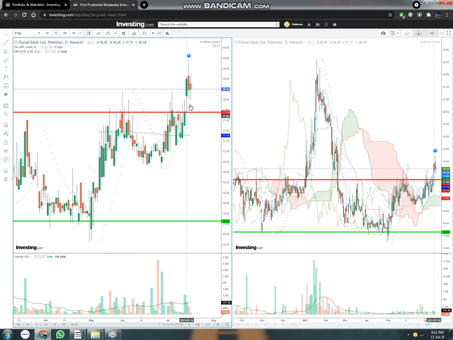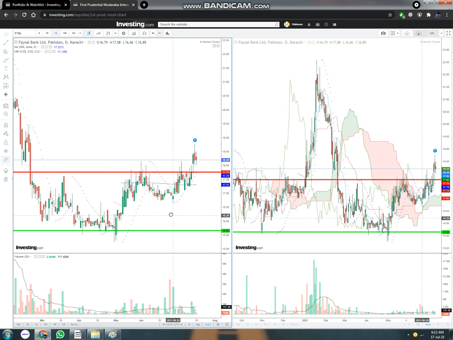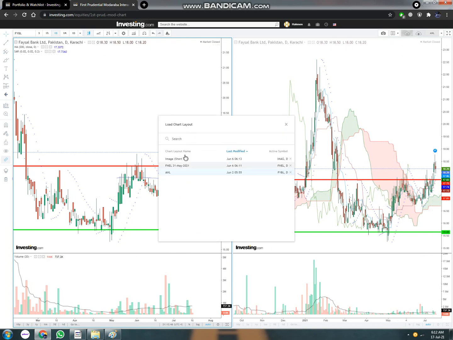You can see it recently crossed the resistance level, and let's see what happens next as the stock increases in value, or how the stock performs. It all depends upon the stock, and how the traders are treating this certain stock. So I've explained my concept of how the averaging technique works.